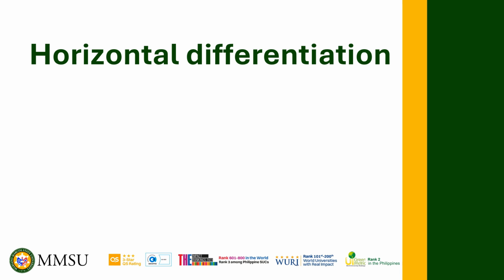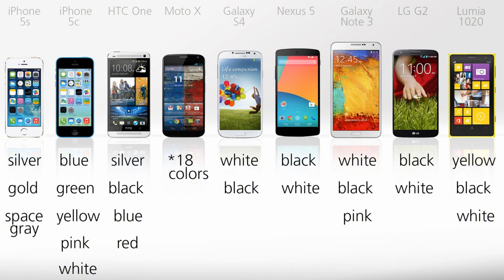Horizontal differentiation refers to when products are different but not necessarily better or worse than each other, appealing to different preferences rather than quality or price distinction. Consumers choose based on taste, style, or preferences rather than clear superiority. Let's take this example, smartphones.